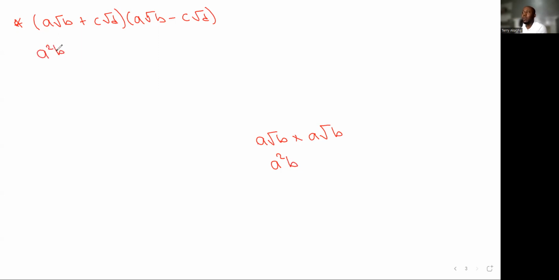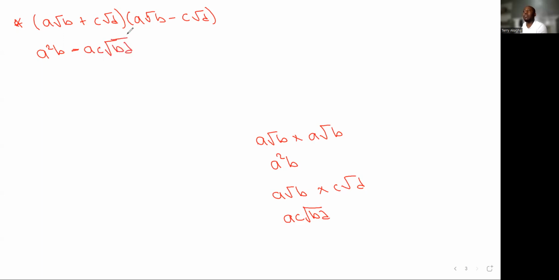The same thing, we're going to have a root b multiplied by minus c root d. A times c is going to give us ac, and root b times root d is going to give us root bd. So it's going to give us ac root bd.